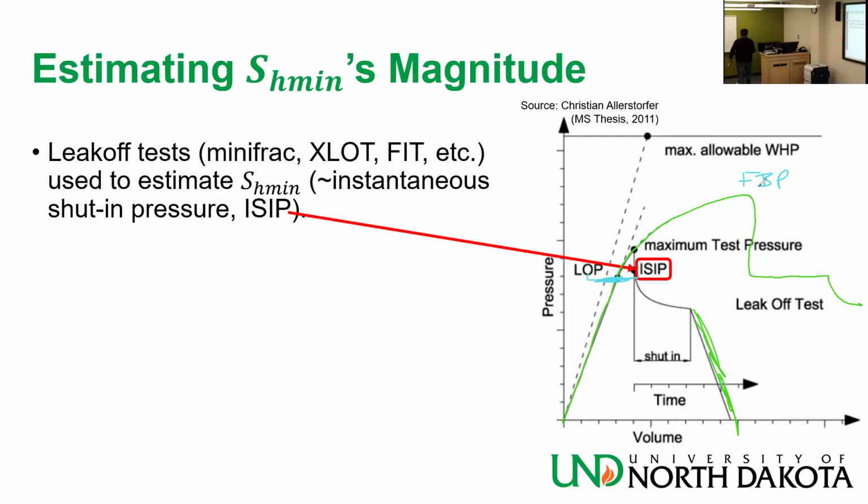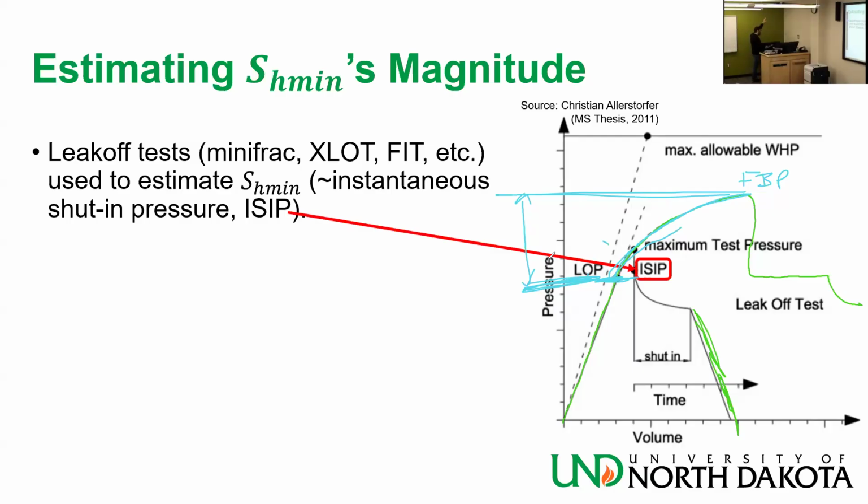Now, from LOP to FBP, anywhere from here to here, all of these can lead to fractures initiating. I can have fractures initiating at any point from leak-off pressure to formation breakdown pressure, and it doesn't mean that I will know on the surface that fractures are forming.